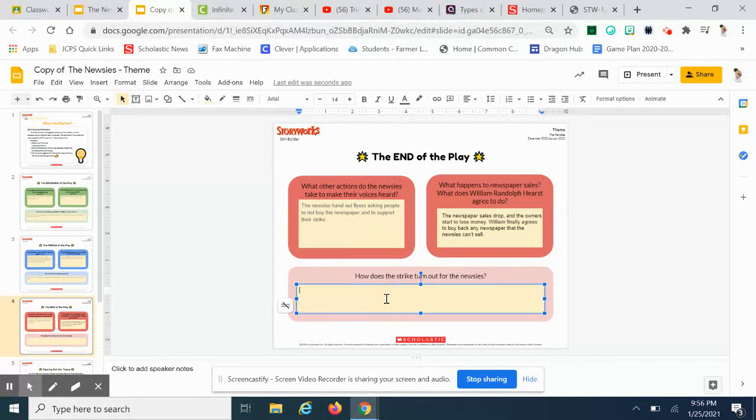All right, how does the strike turn out for the Newsies? So, in the end, the strike turns out well for the Newsies. They get to make more money, and they're not left without selling all their newspapers. So, we're going to say the strike turns out well for the Newsies.